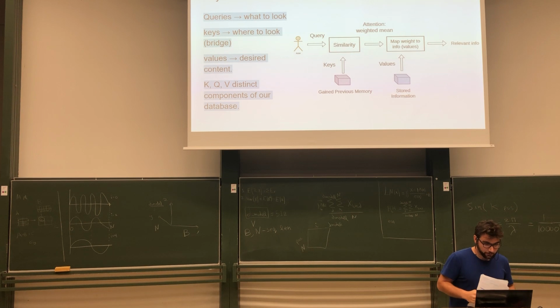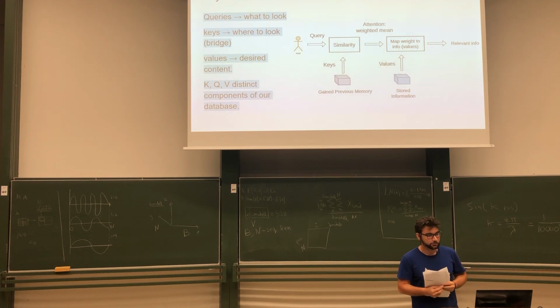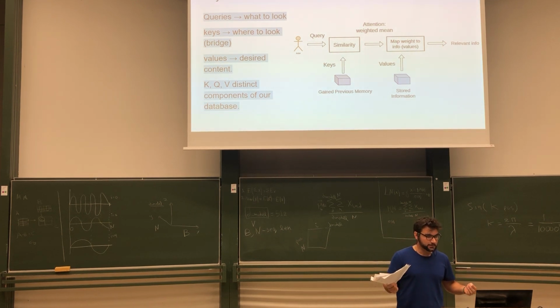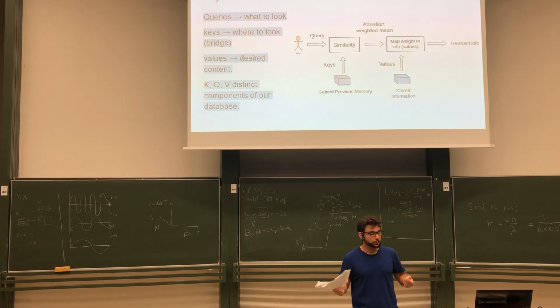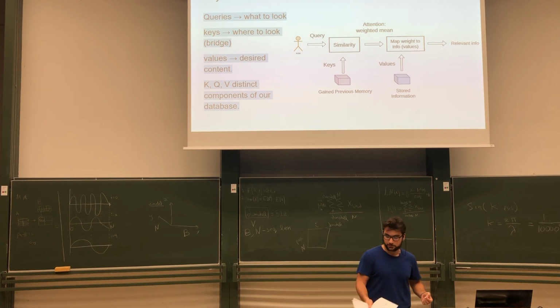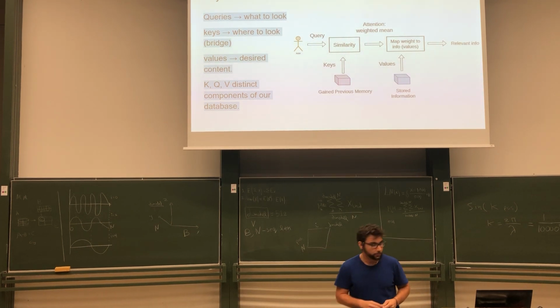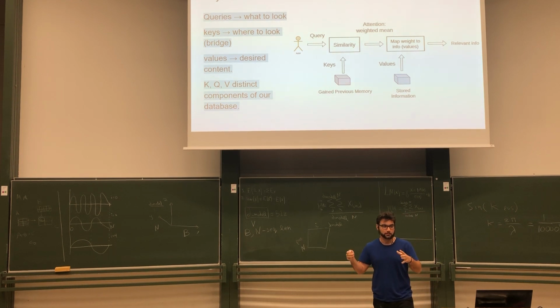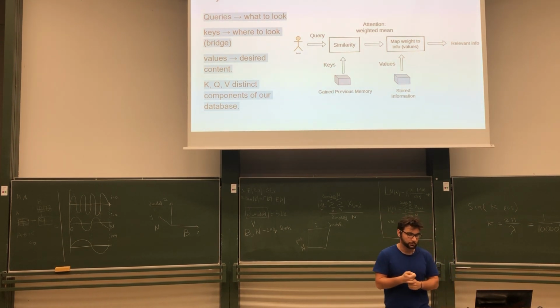And before that, a very helpful illustration or concept that was introduced, surprisingly, came from an idea from the 90s of information retrieval systems. In information retrieval systems, there is this idea of the keys, the queries, and the values.